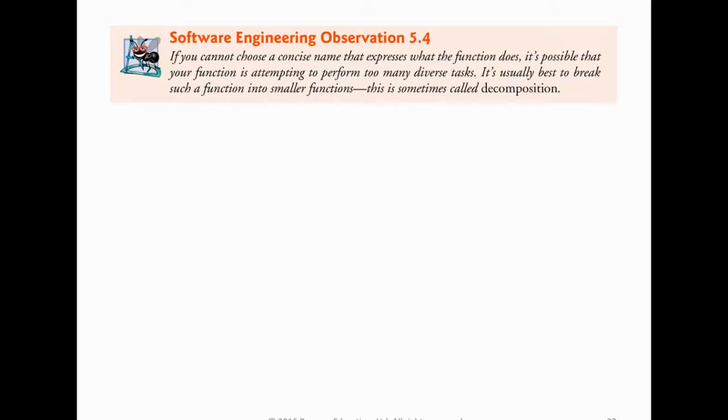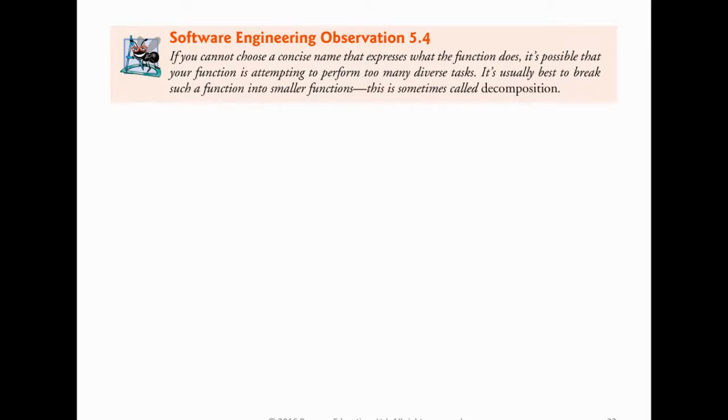Another thing that you want to remember is that each function should generally be limited to performing a single well-defined task. If you have a function that tries to do too many tasks, it is generally going to lead to a lot of confusion. You should try to limit one function to one task. This is generally what is recommended.